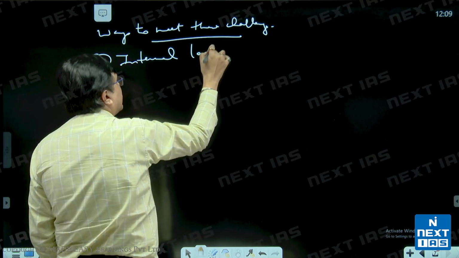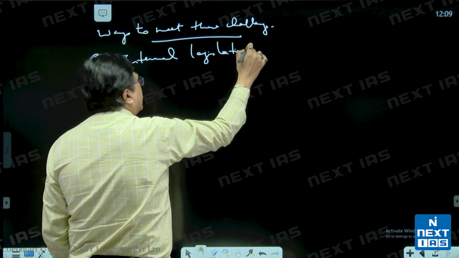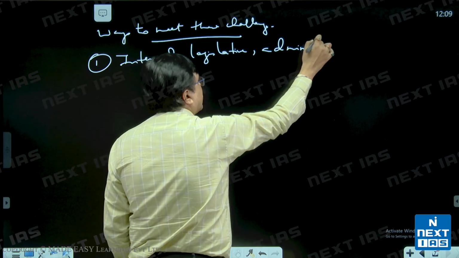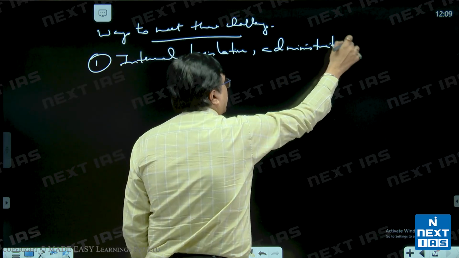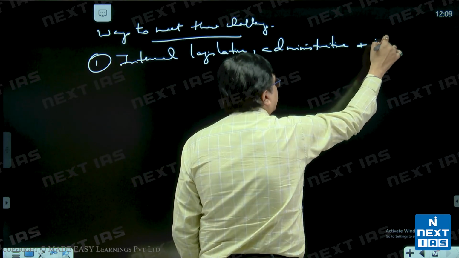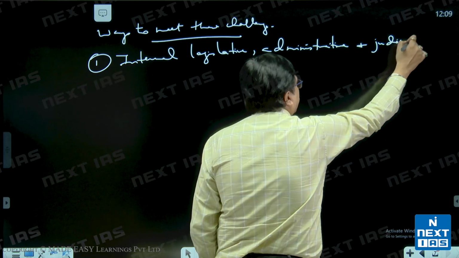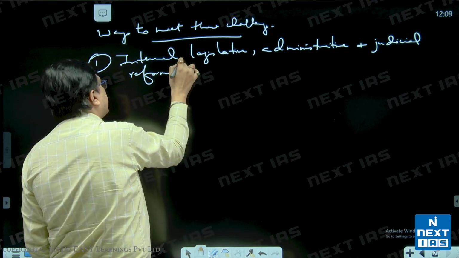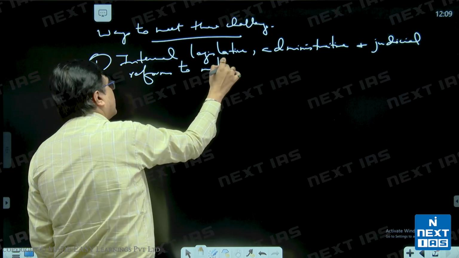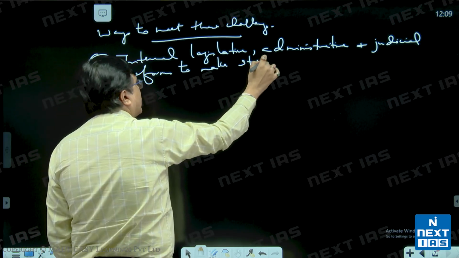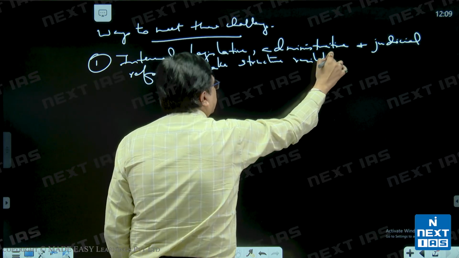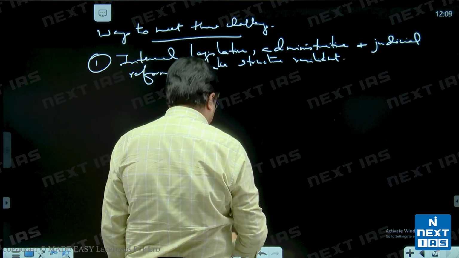Internal legislative, administrative and judicial reforms to make structure resilient.